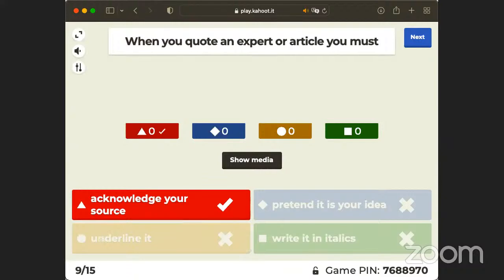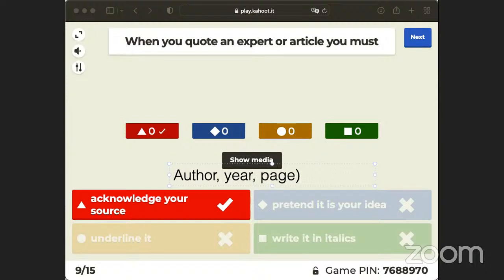All right. So when you quote an expert or article, you must acknowledge your source. Yes, this is very important. It's not like in Spanish formal or academic documents where you have to write the source in a very specific way. For instance, author, year, and I think sometimes you write the page.